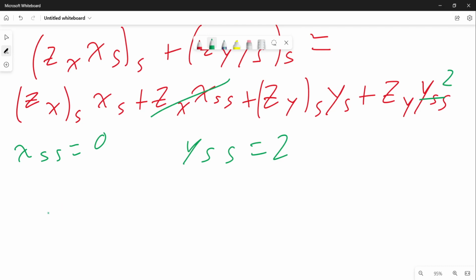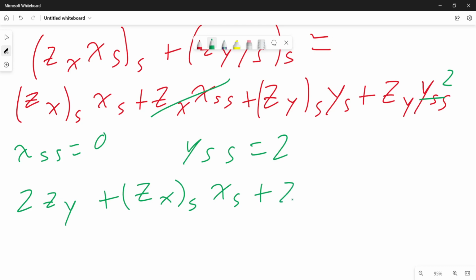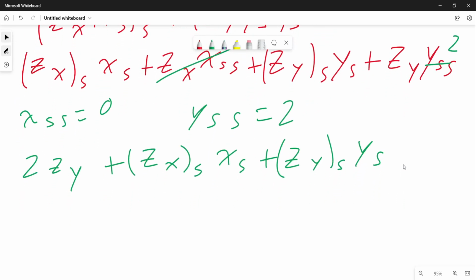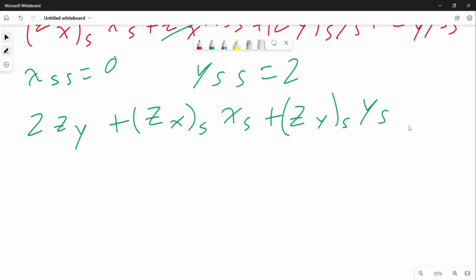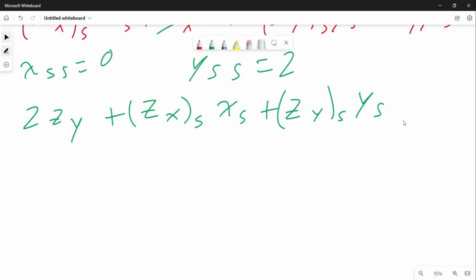We could say 2zy plus zx s xs plus zy s ys. Okay, so we're making some progress here.